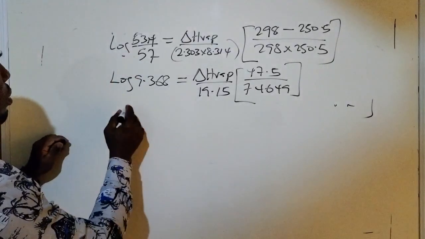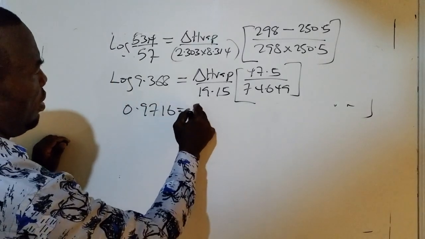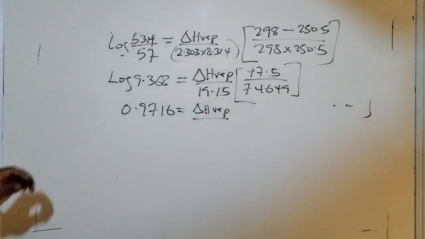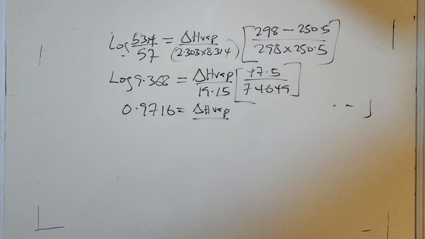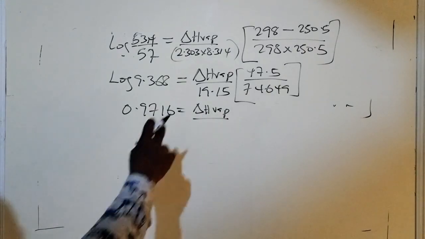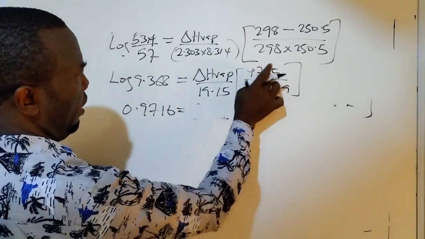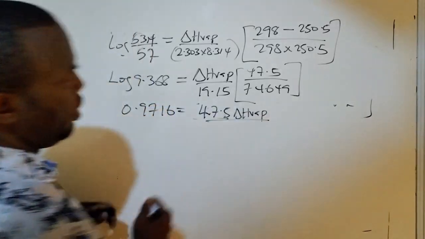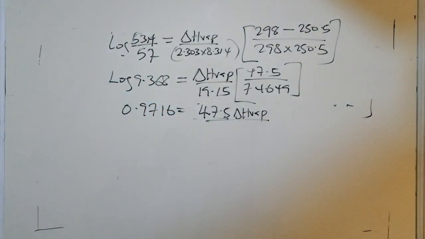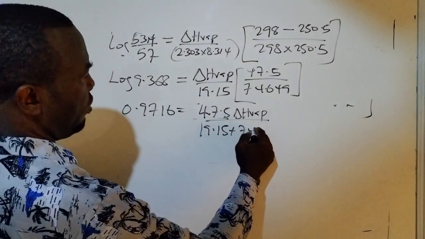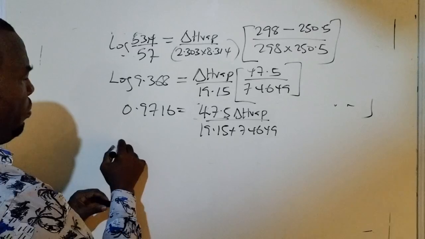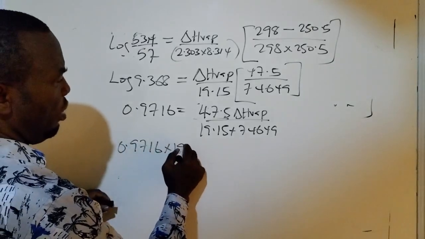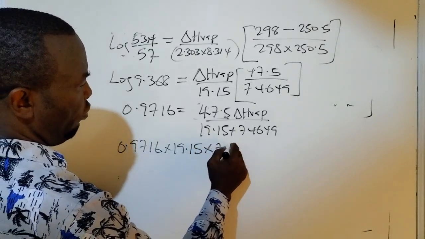So we'll now have 0.9716 times delta H vap all over 19.15 times 74649, equal to 47.5 delta H vap.